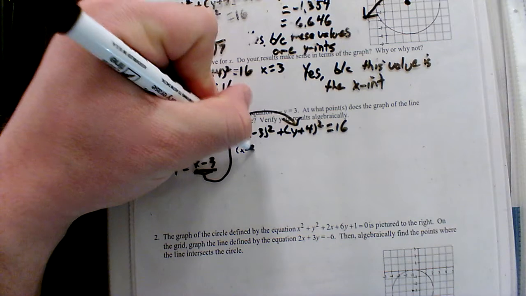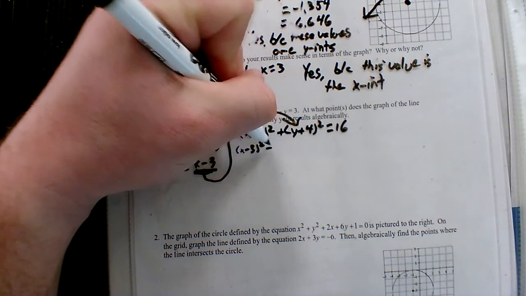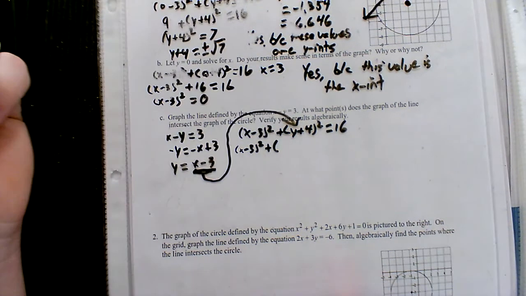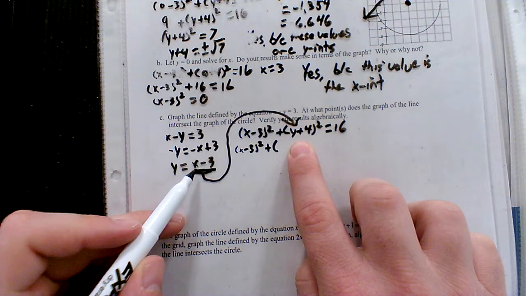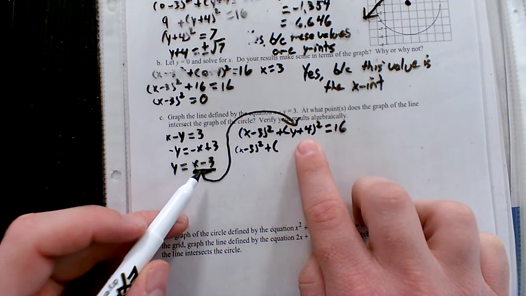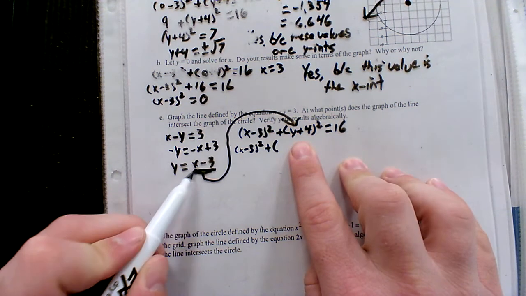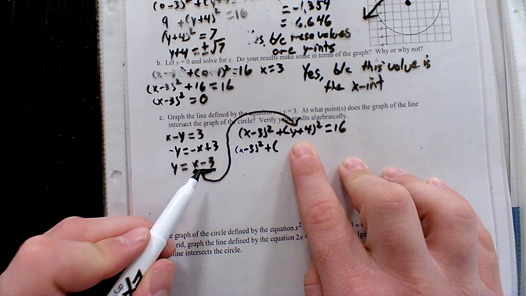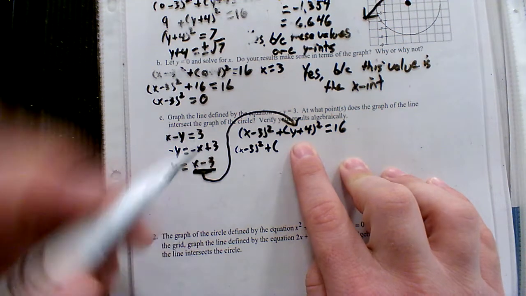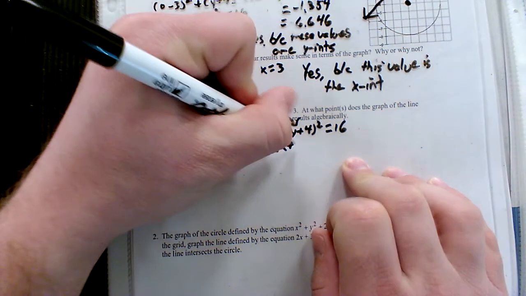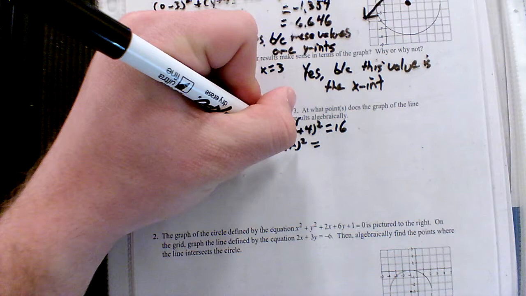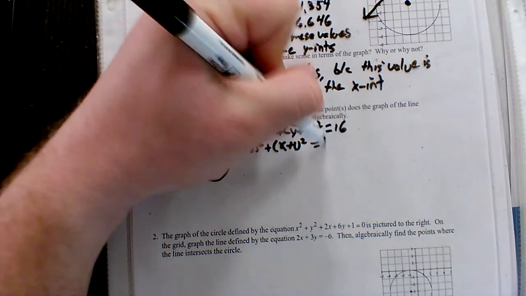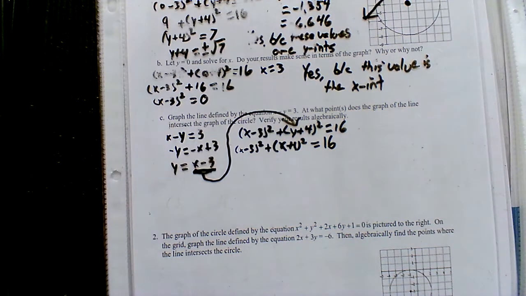So we would have x minus 3 squared plus, in for y we would have x minus 3, and then we still have a plus 4. I'm going to simplify it here. What's x minus 3 plus 4? What's your simplified version? X plus 1 squared equals 16.